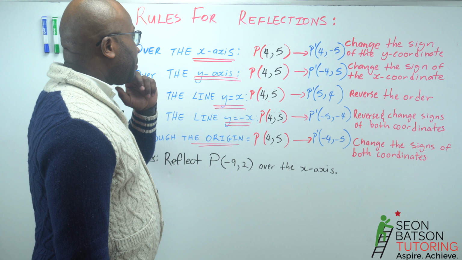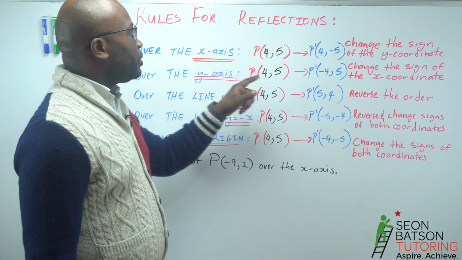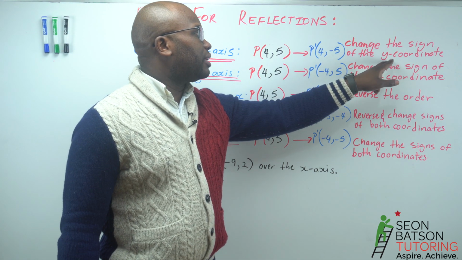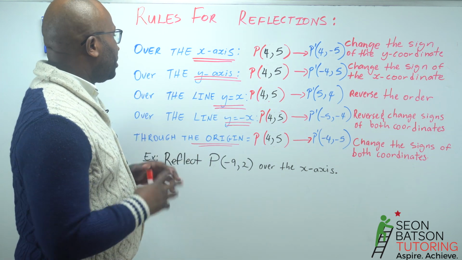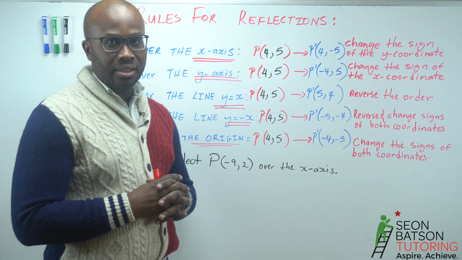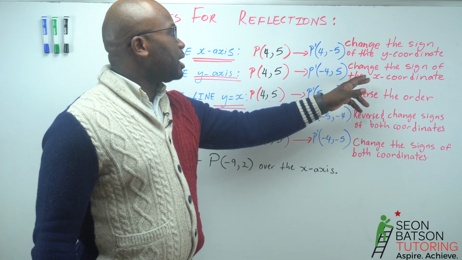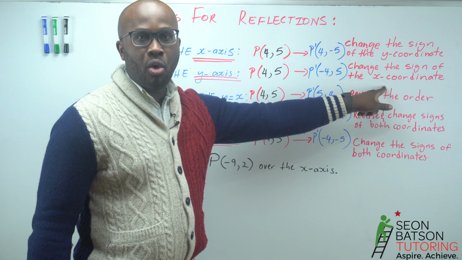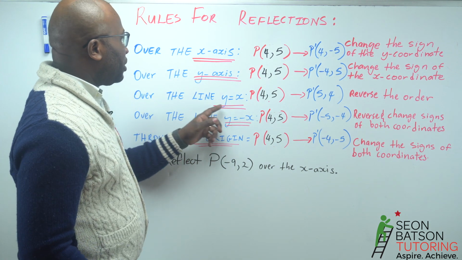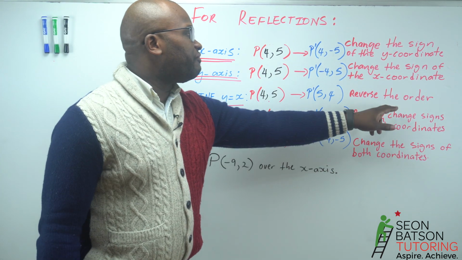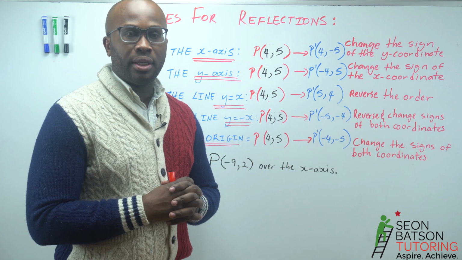When we reflect a point over the x-axis, we will change the sign of the y-coordinate. Yes? When we reflect a point over the y-axis, we will change the sign of the x-coordinate. When we reflect a point over the line y equals x, we will reverse the order of the coordinates.